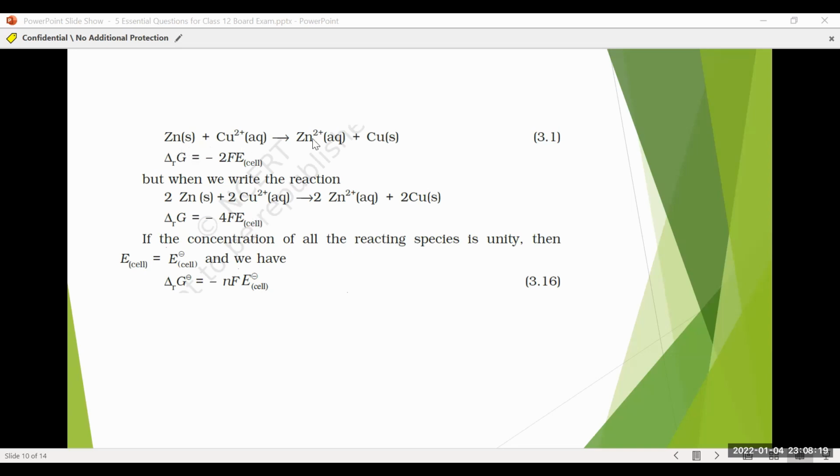Therefore, let us take an equation to find out delta G value. What will be the maximum work done in electrochemical cell, taking an example of galvanic cell, a simple cell using zinc rod and copper rod. Zinc oxidizes to Zn2+, Cu2+ reduces to copper. Let us write the reaction.